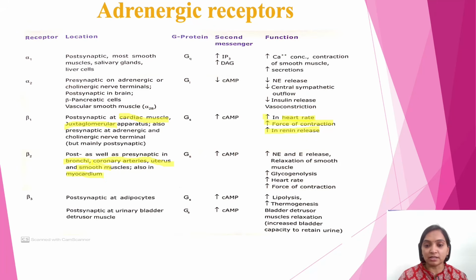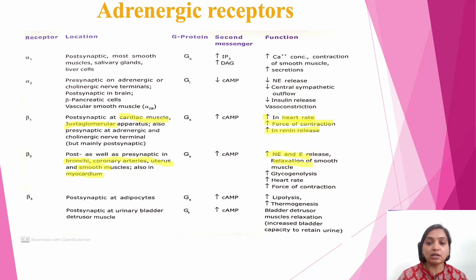With this, it will release norepinephrine and epinephrine, and it will cause relaxation of the smooth muscles, meaning there will be bronchodilation, vasodilation in the blood vessels, uterine relaxation, and myocardial vasodilation. All because this beta 2 is present, there will be dilation. This is the normal action of beta 2.